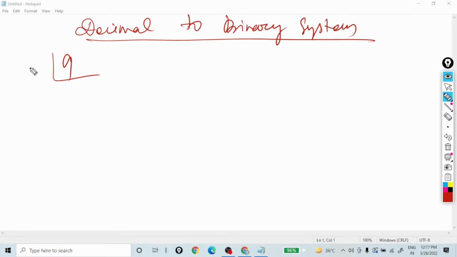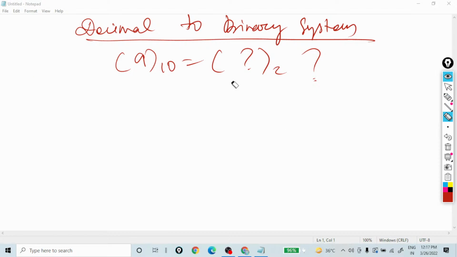Then divide 9 by 2. As we are converting into binary, the question will be like this: decimal 9 is equal to what in binary system? Right? This is the question. Base is 2. Then what we will do?